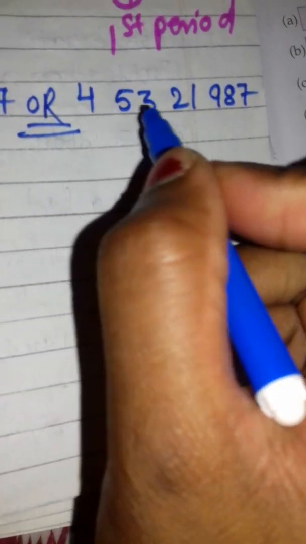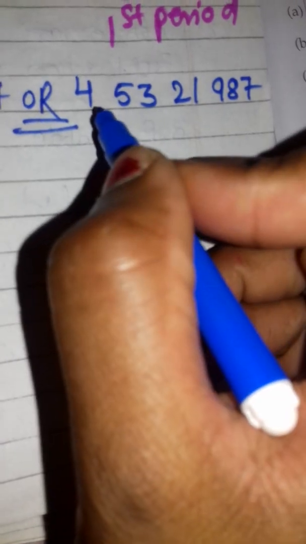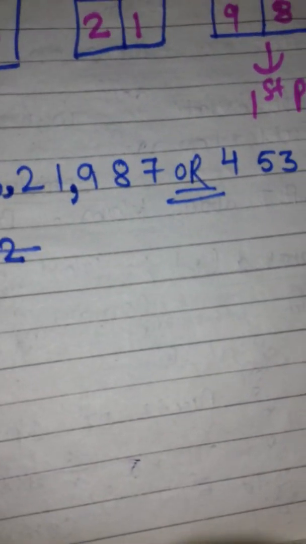Or we can write it by putting a space between the periods, like after the crore period we put a little space, then after the lakh period, then the 1000 period, and write the digits. So these are the two ways of writing numbers: one is putting commas, and the other is putting a space between the periods of digits.